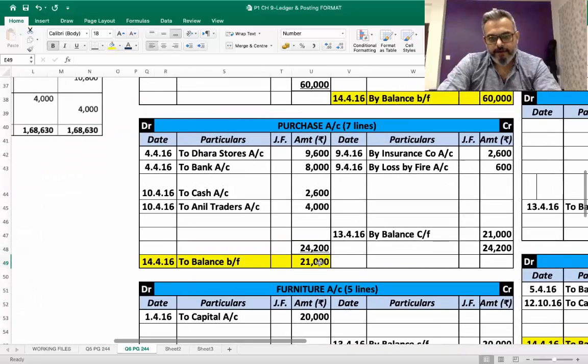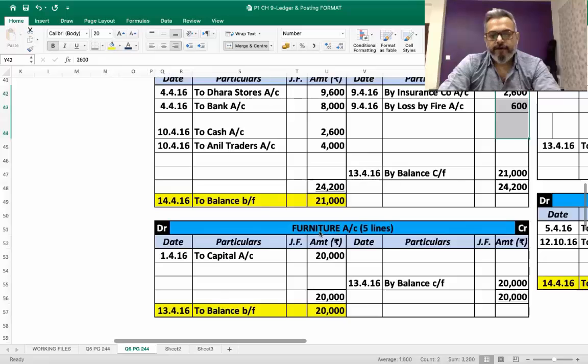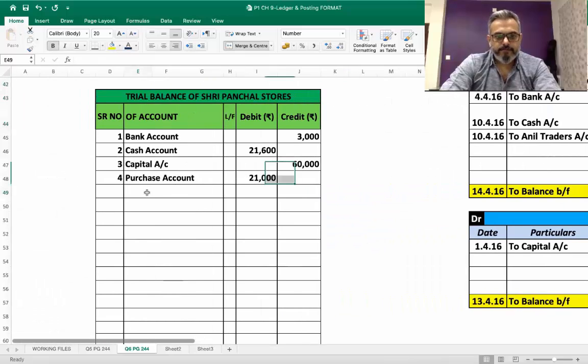Now why is the purchase account a debit balance? Because the debit side is more than the credit side, so it is known as a debit balance. Then furniture 20,000 debit.